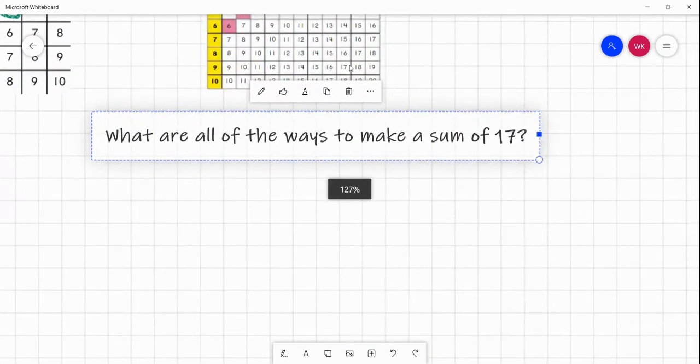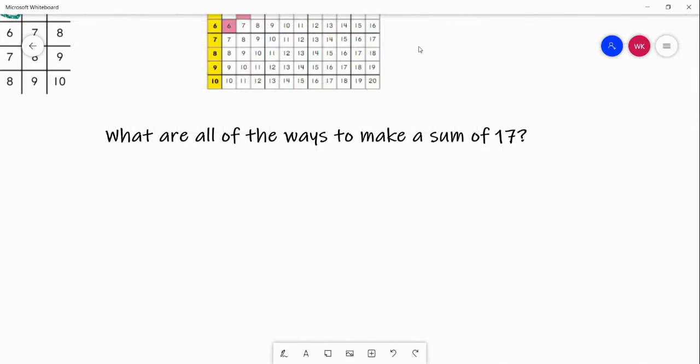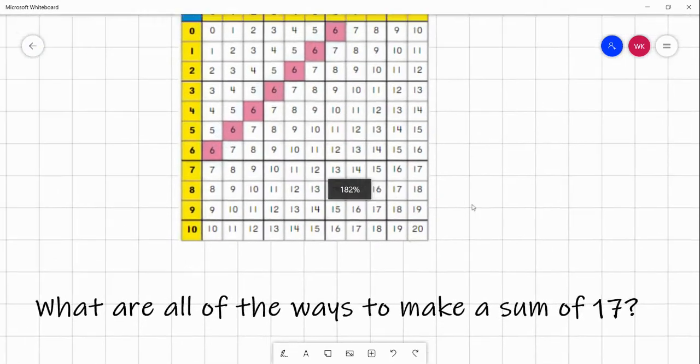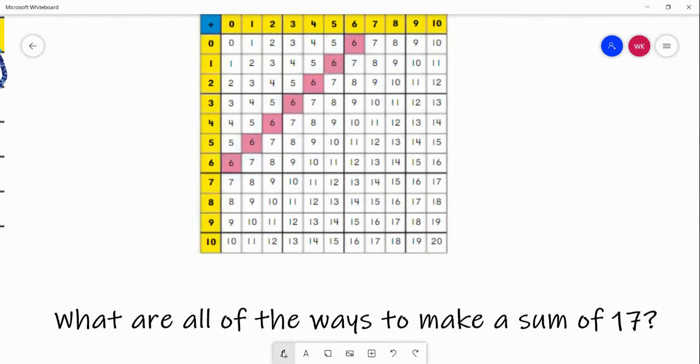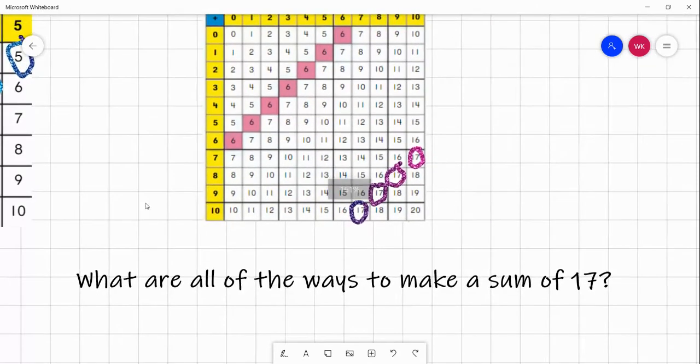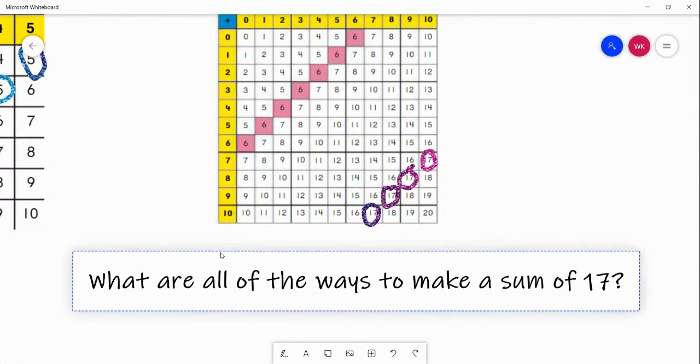All right, so let's look for our number 17 in our table. There's one right here, one right here, one right here, and one right here. So let's go ahead and write down the equations that have a sum of 17.